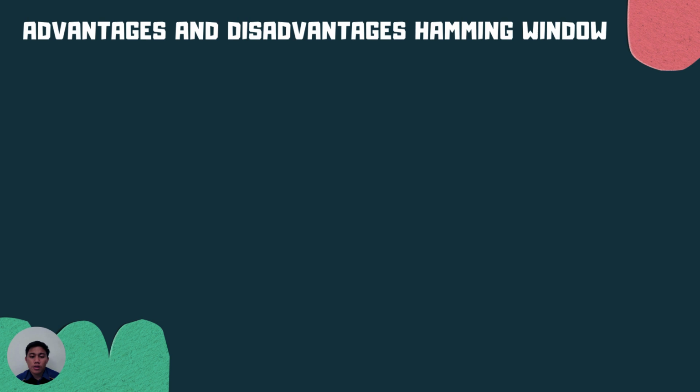reconstruction. For the disadvantages, a wider main lobe, so frequency resolution is greatly reduced because the lobe is wider than the rectangular window.